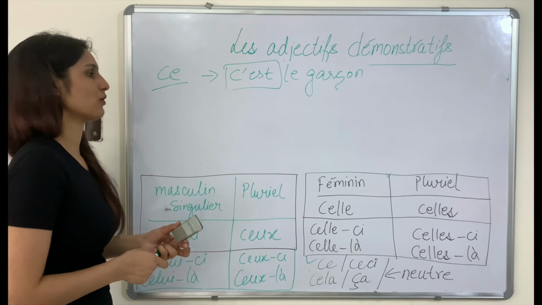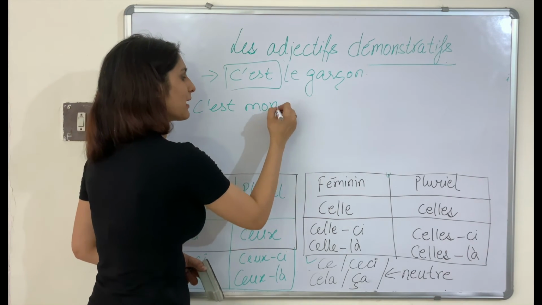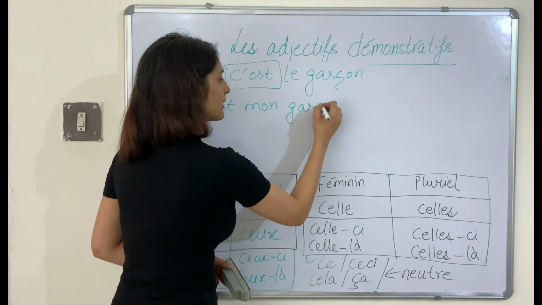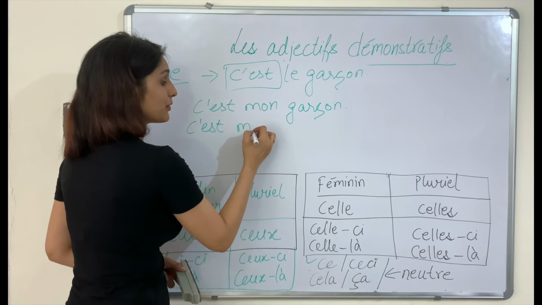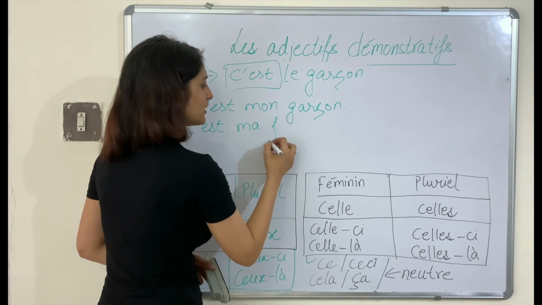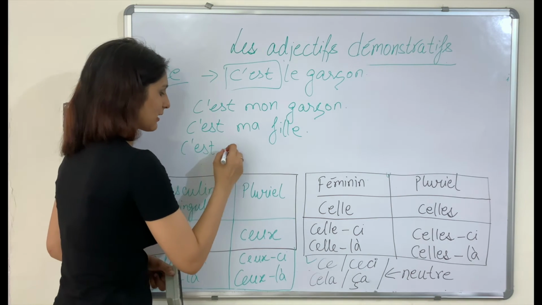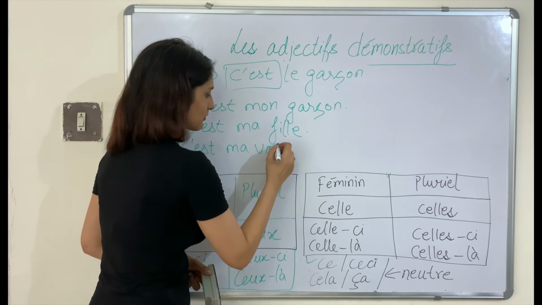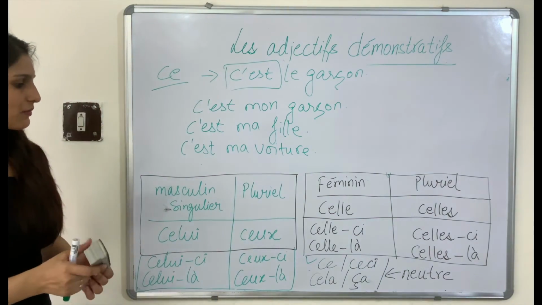C'est le garçon, c'est mon garçon, it's my boy, or my son, you could say. C'est also in female case, c'est ma fille, it's my girl. C'est ma voiture, it's my car. So there is a noun coming up. This is how you could make sentences with ce.